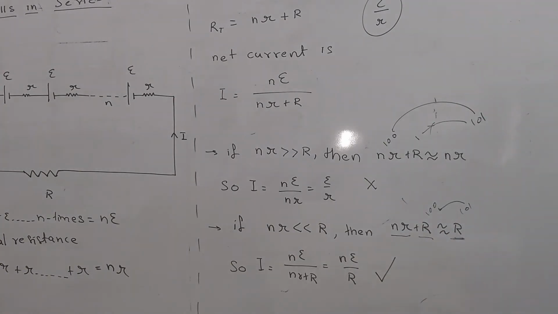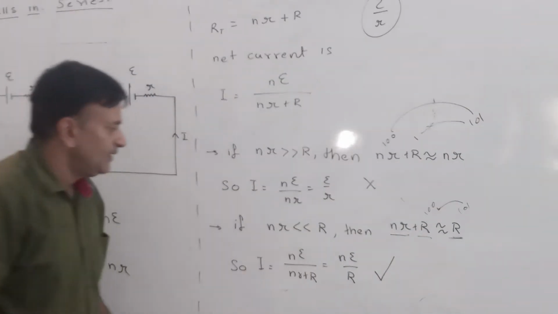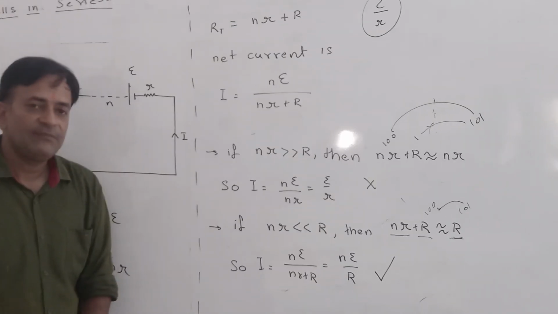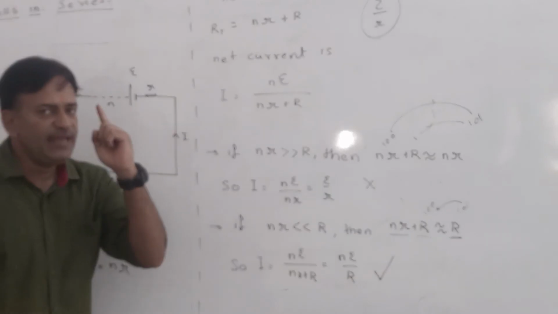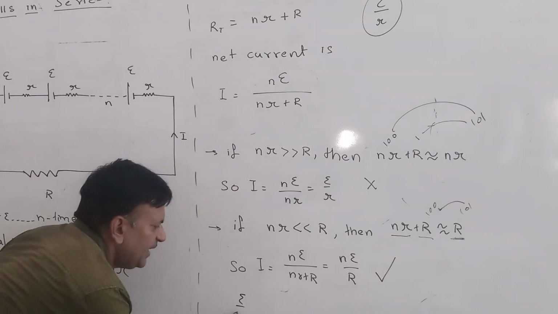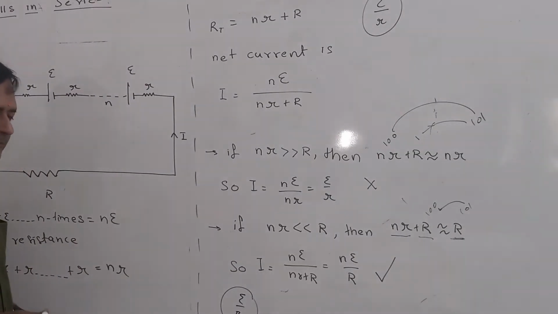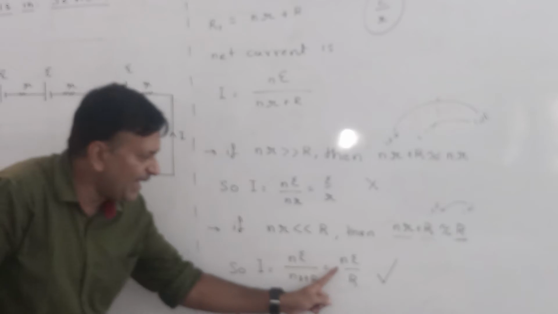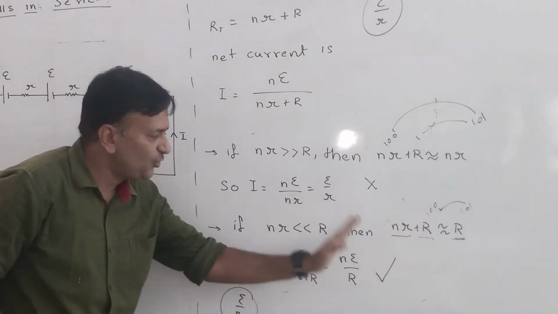And this time, what is the current? The current now is N into epsilon over R. That means if you use a single cell, the current would have been epsilon by R. But if you are using this configuration, the current becomes N times.